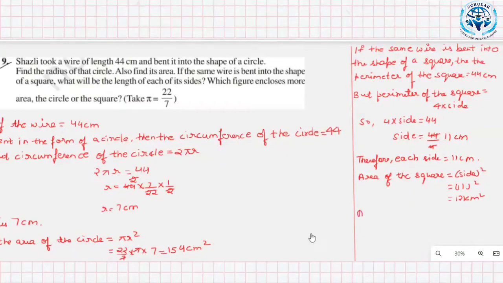Now, which figure encloses more area, the circle or the square? The area of the circle was 154 centimeter square. The area of the square is 121 centimeter square.